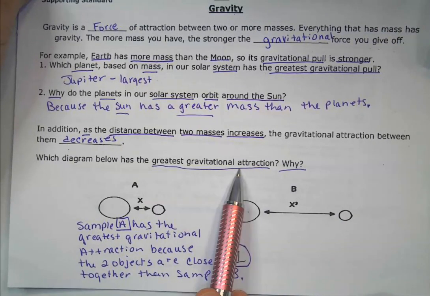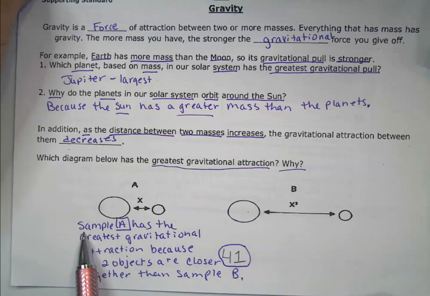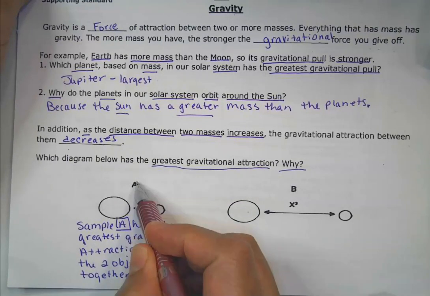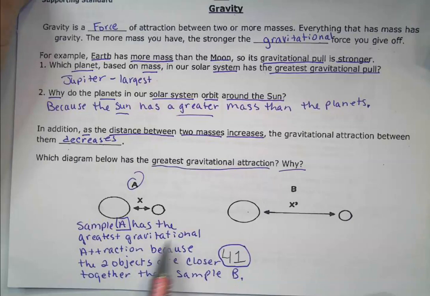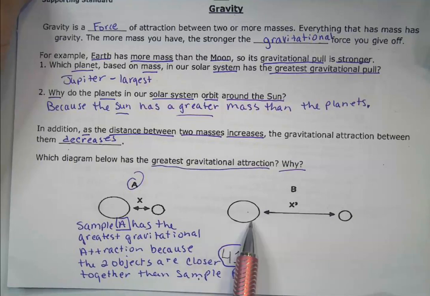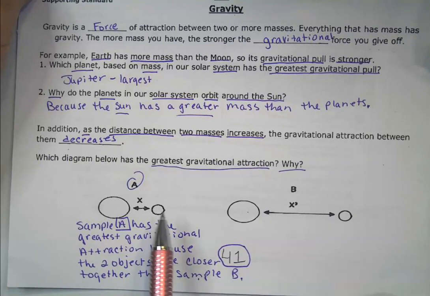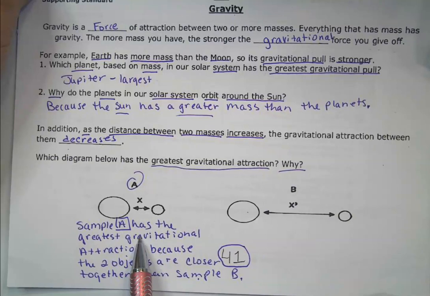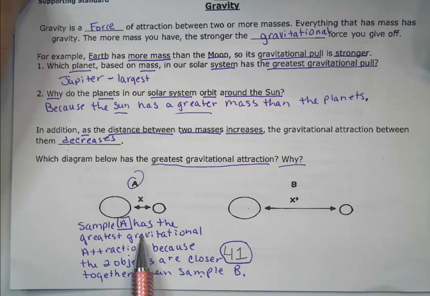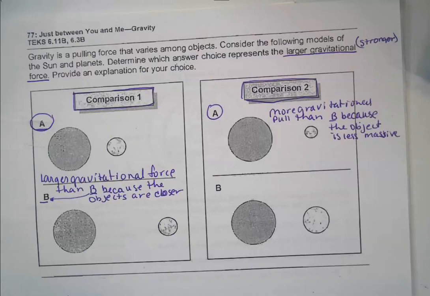It's asking which one has the greatest gravitational attraction and why. Sample A, this one right here, has the greatest gravitational attraction because the two objects are closer together than in sample B. Here they're more separate, so the gravitational attraction is going to be greater over here, because gravitational attraction has to do with mass, and it also has to do with the distance between the objects.